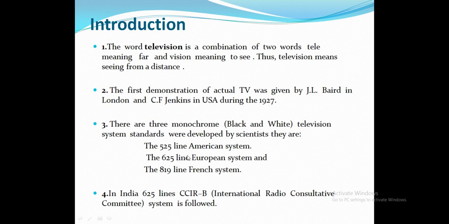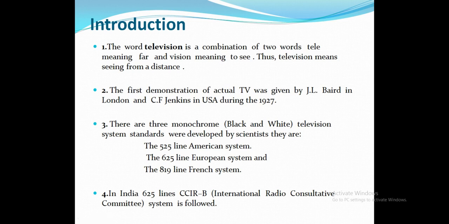The 625 line system, and the 819 line system, that is the French system. In India, the 625 line CCIR-B system, the International Radio Consultative Committee system, is followed. That means in India we use the 625 line system, that is the European system.